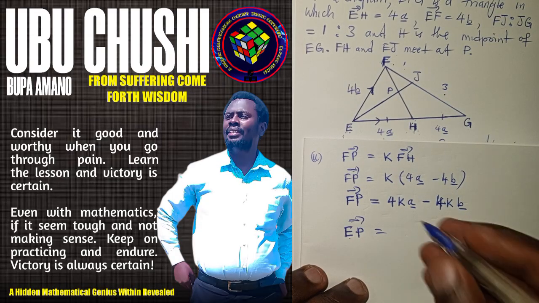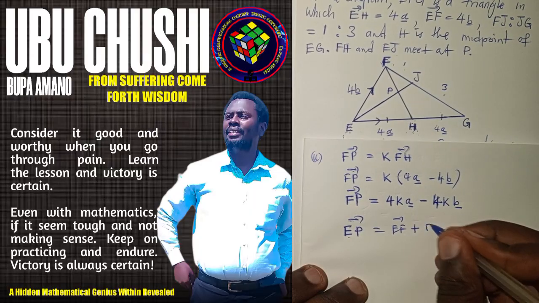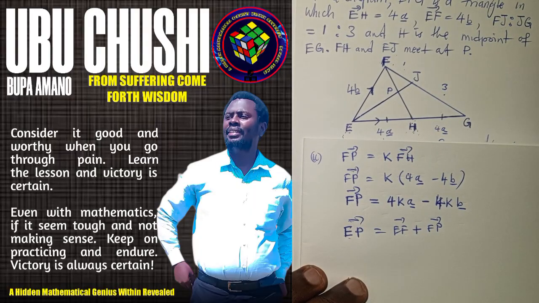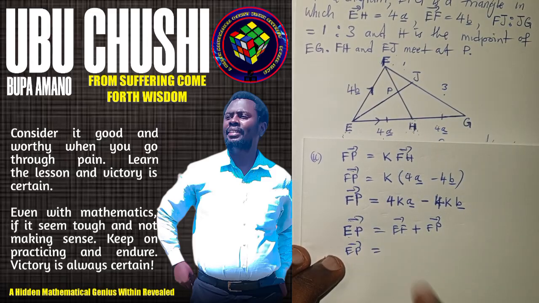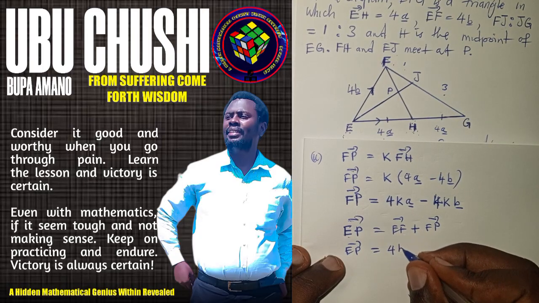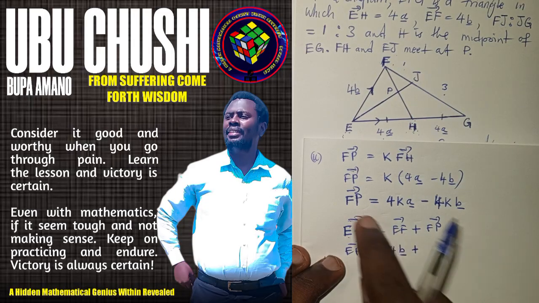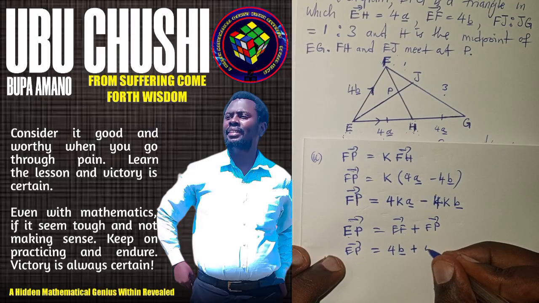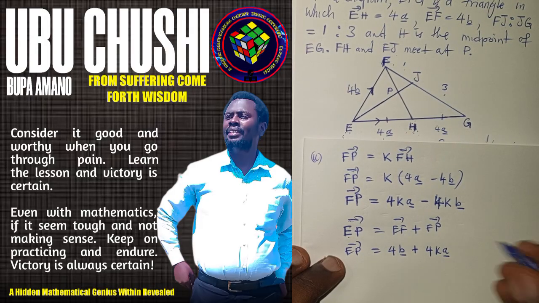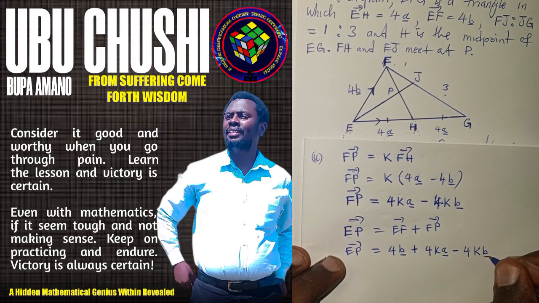So EP should give us EF plus FP. Okay. So we have EP is equal to EF. We know that it's 4 vector B. So we have 4 vector B plus FP. FP, this is FP. Okay. So FP we have 4k vector A minus 4k vector B.